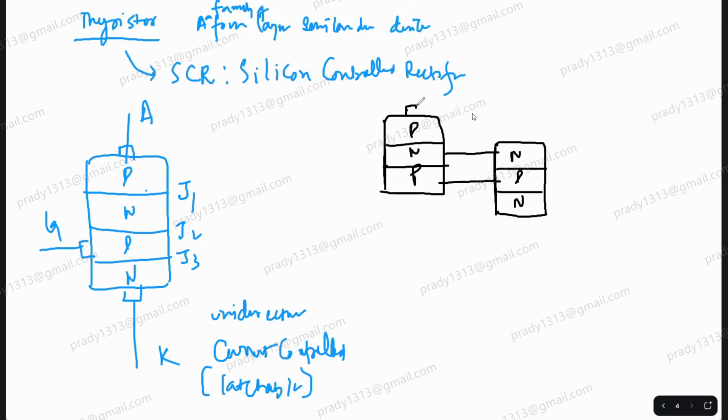Can I represent this 4-layered device like this? Is it possible? Just see. Can I draw it like this? Yes, sir.